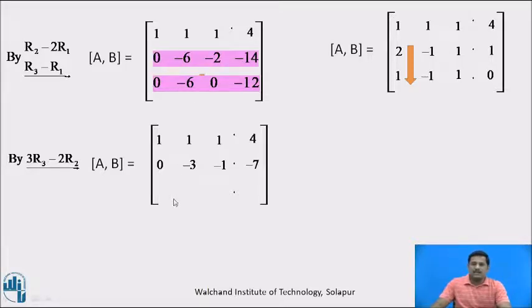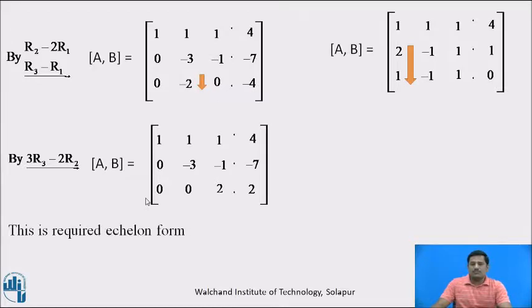And now subtracting them, obviously first two entries are 0. Next entry 0 minus of minus 2, that is plus 2, and minus 12 minus of minus 14, that is plus 14 is 2. So if I move towards the next diagonal, which is 2, but there are no elements lying below that diagonal entry, it means that this is the required echelon form.